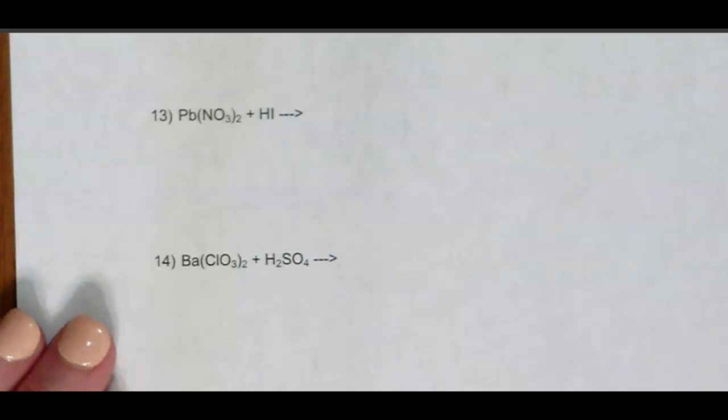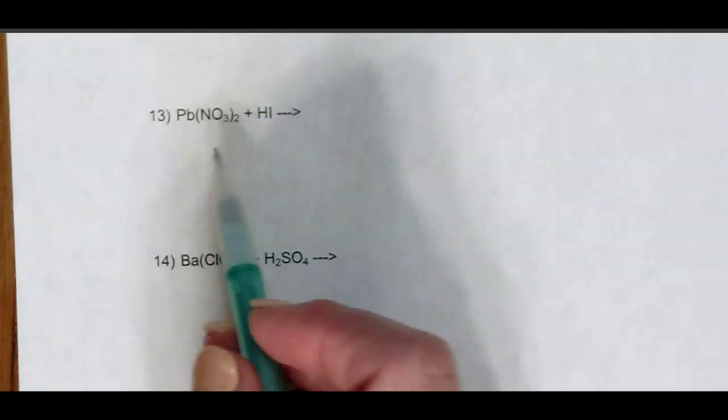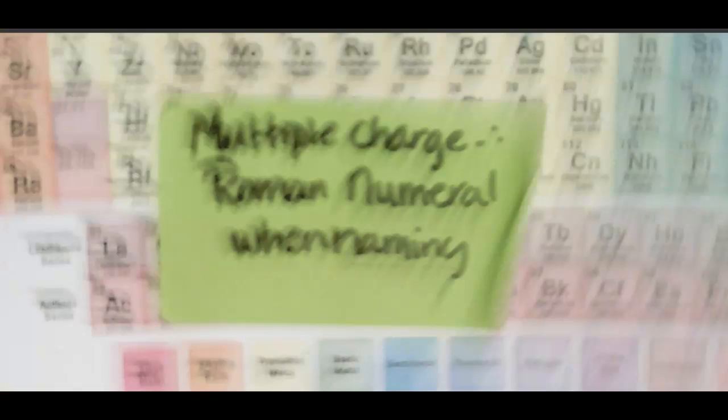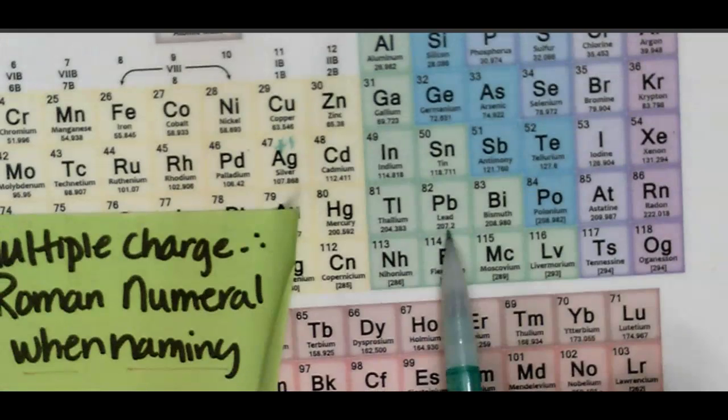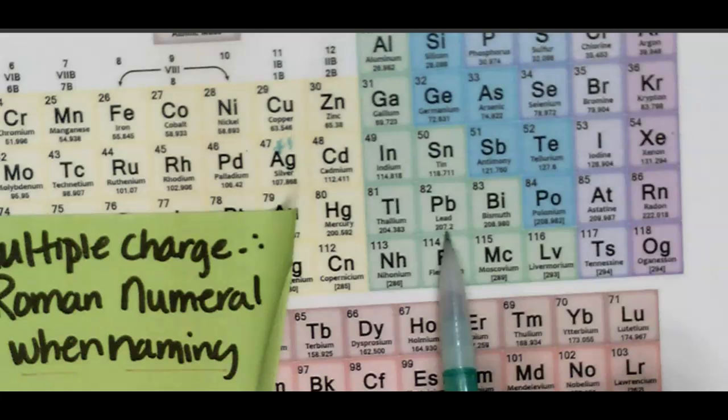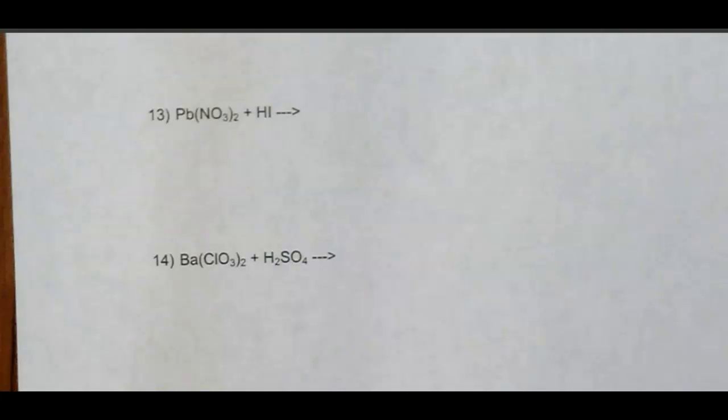So we'll go ahead and do, I'm going to do 13. Okay, just because I want to show you something here on 13. So we have lead and nitrate, and lead is one of our transitions. Okay, it's going to be over here. A transition, we really don't know its charge because it could have multiple numbers. So what I'm going to do is I'm going to backtrack to figure out what it is.